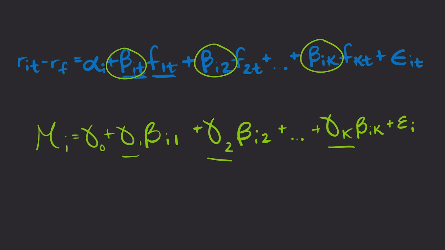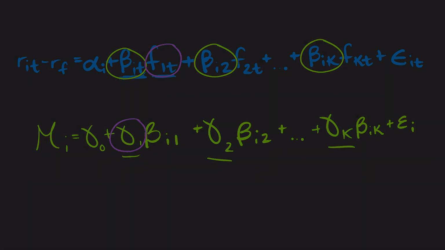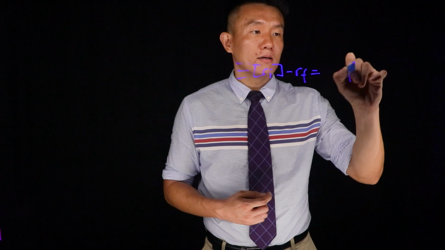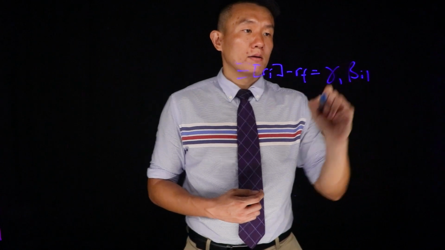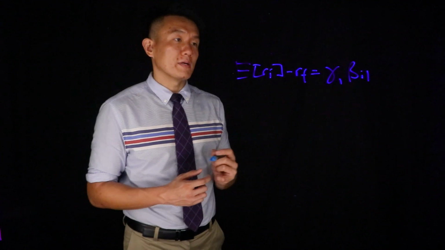sensitivity to this factor. Now, in the CAPM, it's a little bit confusing because the market return was both the risk factor as well as the risk premium. But that's not going to be true in general. So under the arbitrage pricing theory, we're going to once again get that the excess return is going to equal some beta times a risk premium.